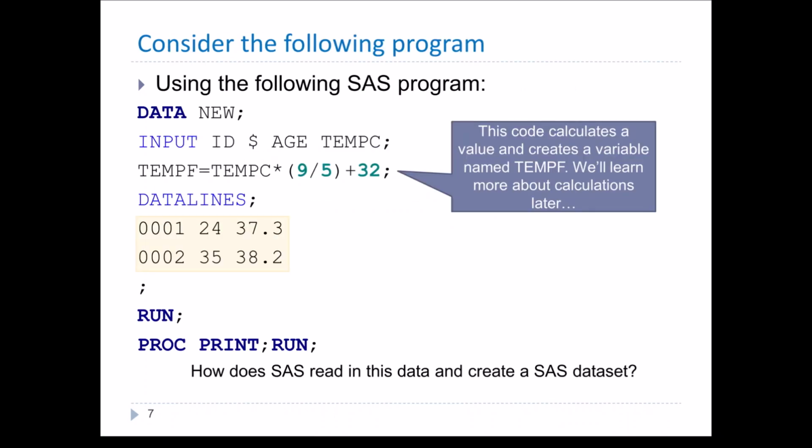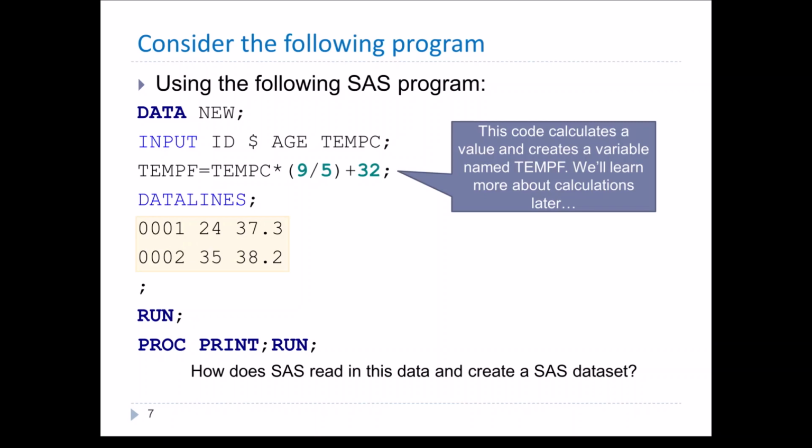All right, so let's look at this example first. This example, as you see, creates a data set called new, inputs ID as a character variable, age, and temp C. Since data is written in Celsius, we maybe want to convert it to Fahrenheit.